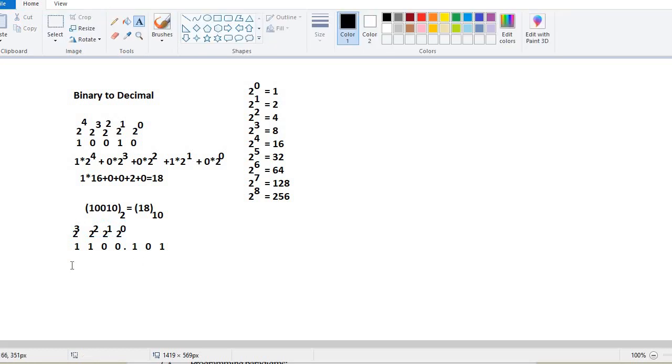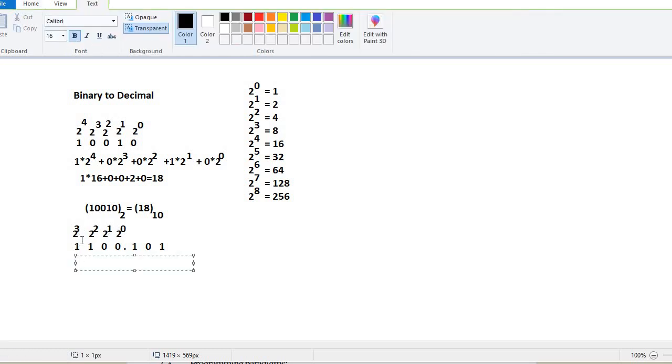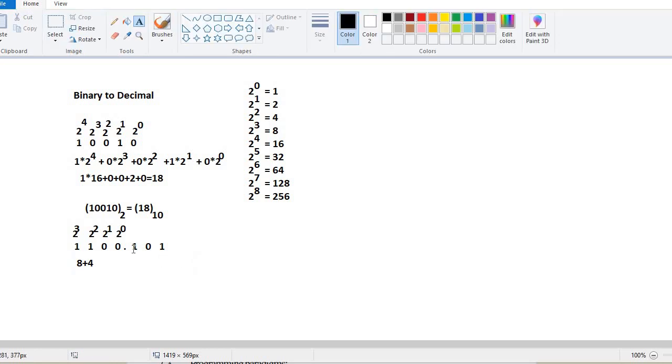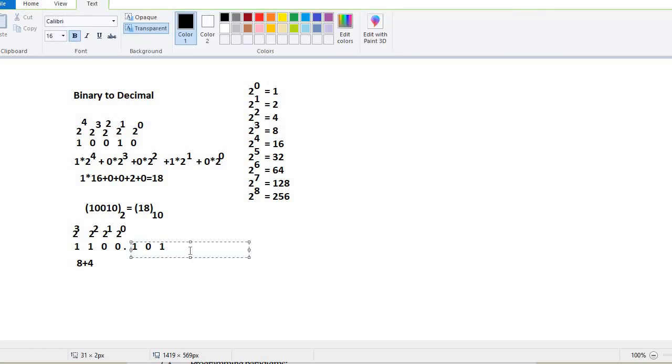Okay. So 1 1 0 0, to convert it, what I have: 2 to the power 0, 2 to the power 1, 2 to the power 2, 2 to the power 3, and I have already discussed that 2 to the power 3 is 8 plus 2 to the power 2 is 4. Okay, 8 plus 4. Now come to this part 1 0 1.